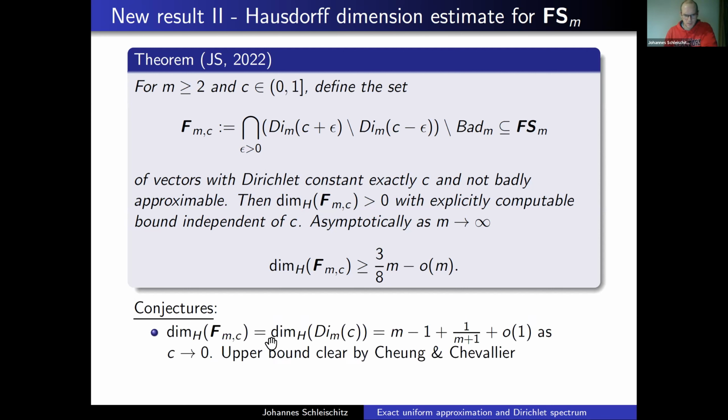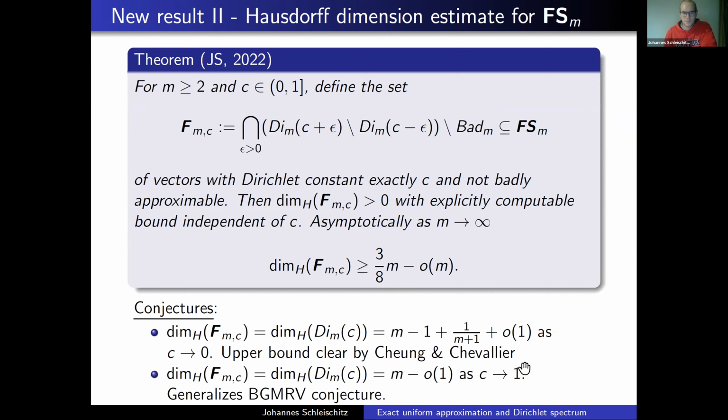We should expect that the same bound should maybe be correct as C tends to 0. But here the bound is really settled. For the packing dimension it was not quite clear, but here it's clear that this is an upper bound, but it's quite far from 3 over 8 times M, right? M-1 is almost M.